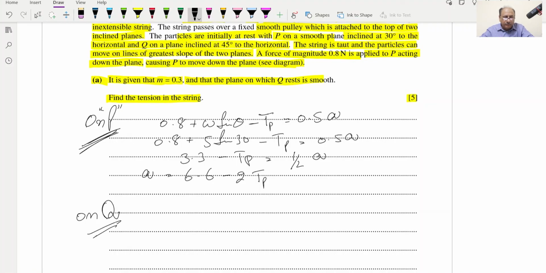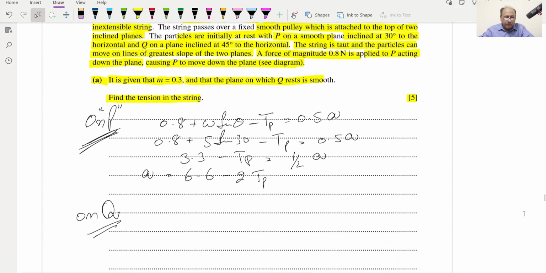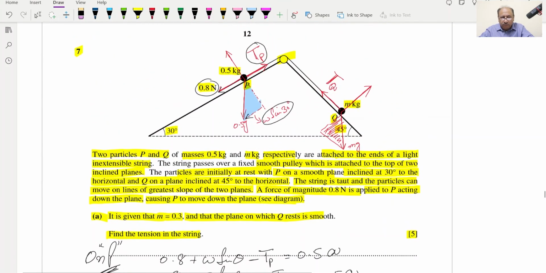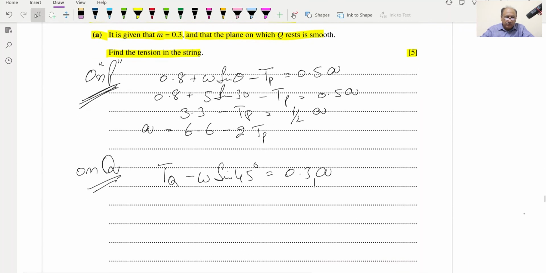If we apply it on Q, tension will be more because the object is moving upward. So TQ will be upward, and minus W sine of 45 degrees, and this will be equal to MA. M is 0.3 and A, and we can calculate this.